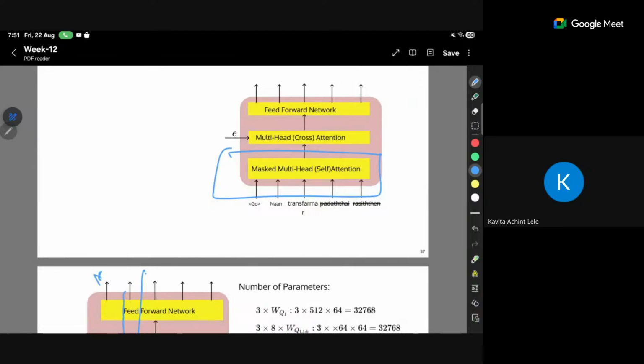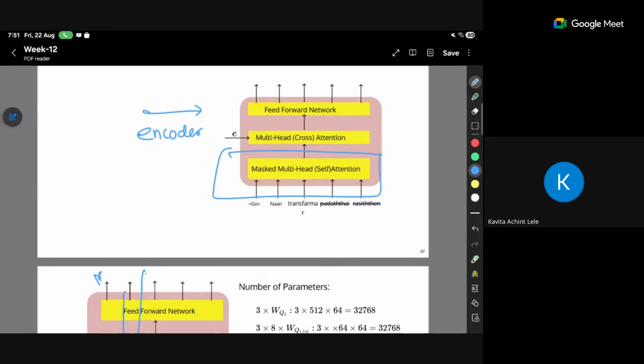Now we have to do cross attention. Cross attention is where the encoder and decoder are going to meet for the first time, right? So something the encoder is going to send, and something the decoder is going to send, and you have to make sense out of it, right?